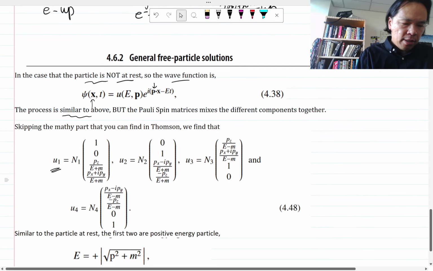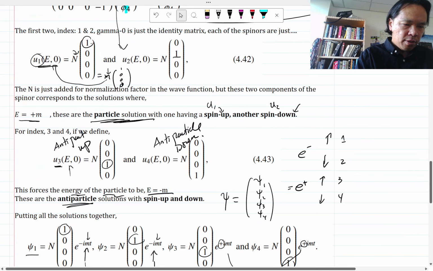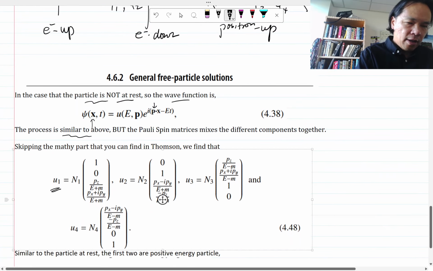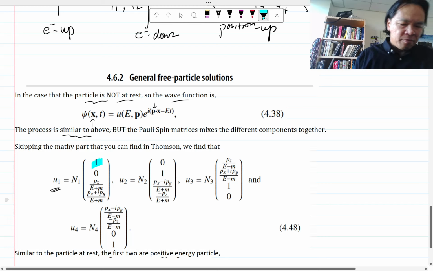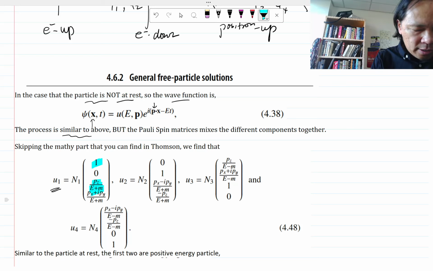So u1, which is the same one as up here, the very simple one where it's just normalization times 1 on the first component. You still have that in this case, but now it has values in the third and the fourth component.